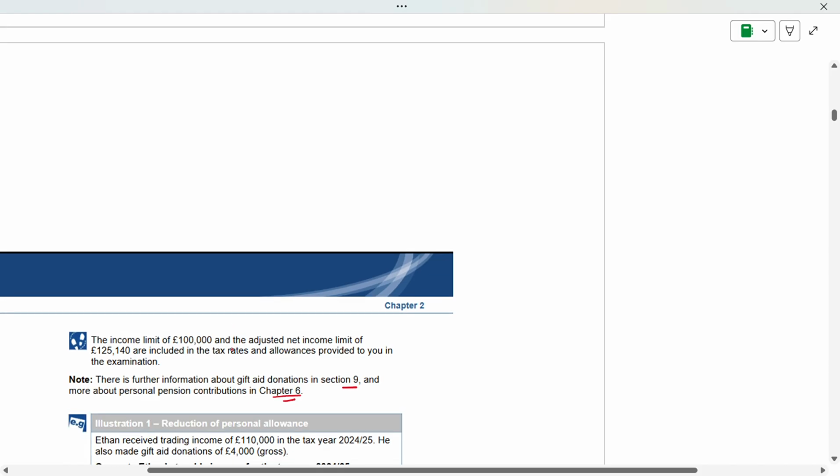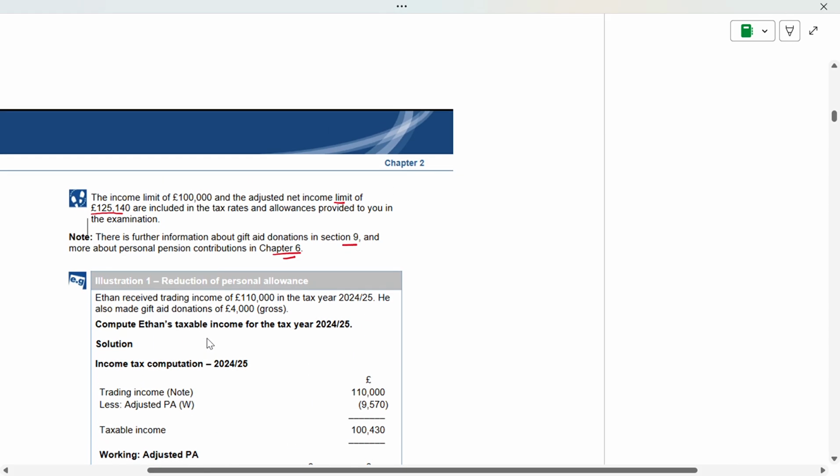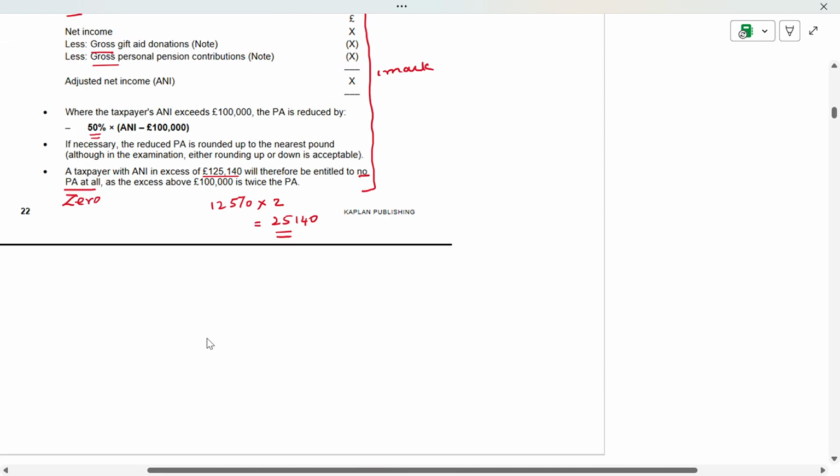The income limit is 100,000 and the ANI limit is 125,140. It is in the question and in the formula sheet. 12,570 times 2 is 25,140, so 100,000 plus 25,140 is 125,140. This is ANI.